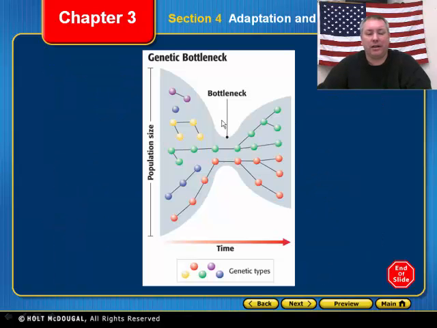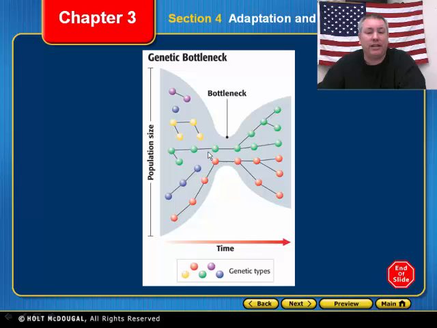Now, on this next slide, you guys can read all of this right here. On this next slide, I want to talk about genetic bottleneck. What that basically means is this. All these organisms have many different genes, and they're all floating around willy-nilly. All these different genes are out here. This is the whole population. Well, then something happens. Who knows what that is, but some kind of natural environmental issue, or maybe it's a predatory issue or something where humans are attacking.